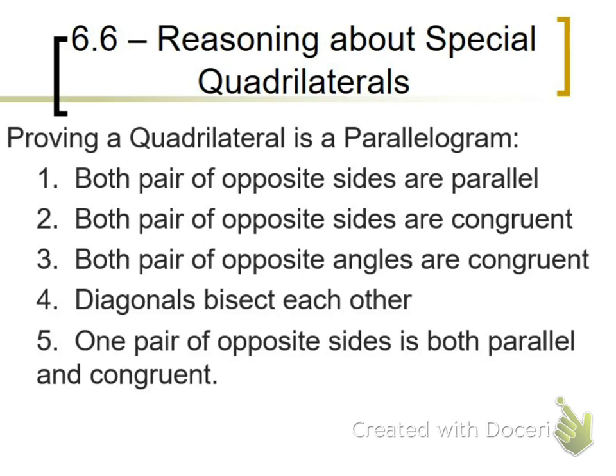We know that a quadrilateral is a parallelogram if both pairs of opposite sides are parallel, both pairs of opposite sides are congruent, both pairs of opposite angles are congruent, if the diagonals bisect each other, or if one pair of opposite sides is both parallel and congruent. Both of those at the same time.